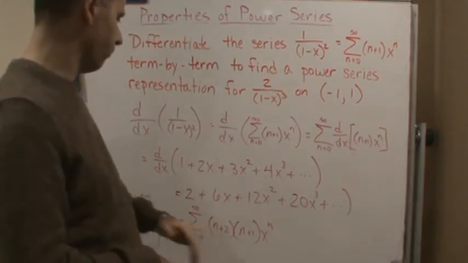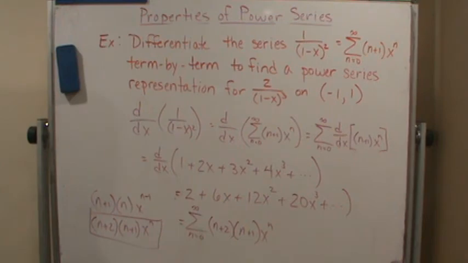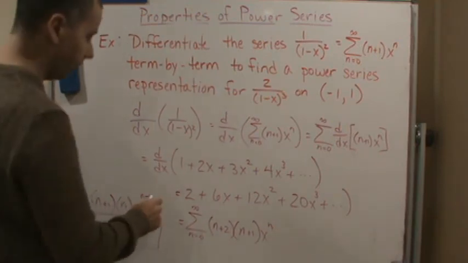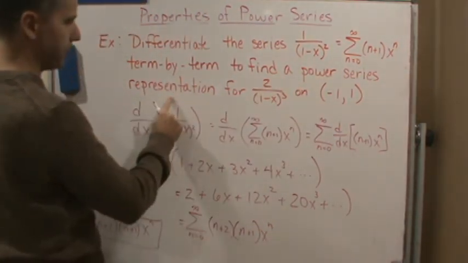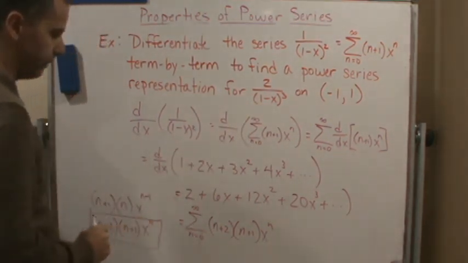Now I have to write that as a function. And so what do I get for the function? Well, that's what I'm going to get right there. And so that's my power series representation. So this is where we stop, because it says find a power series representation for this function.